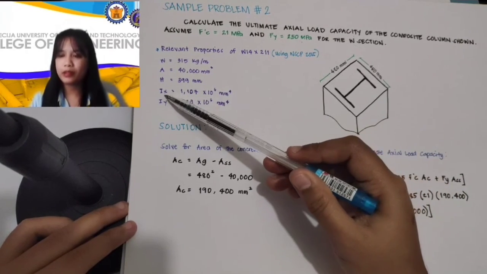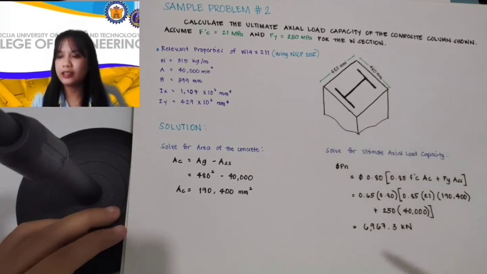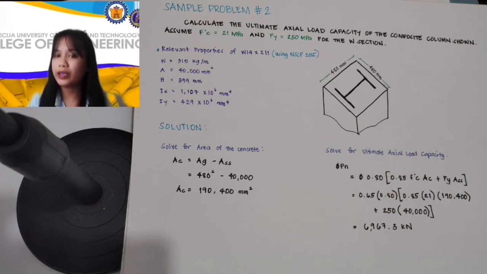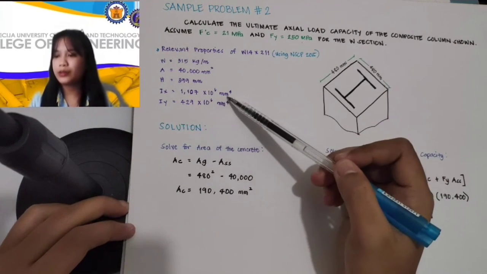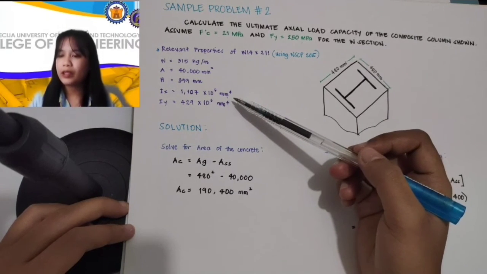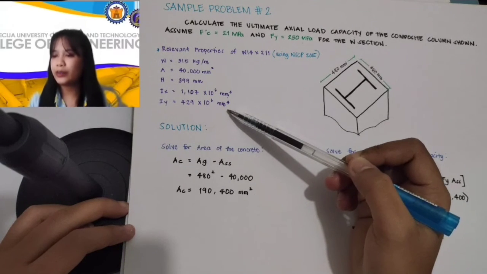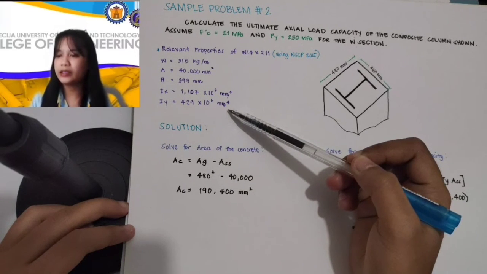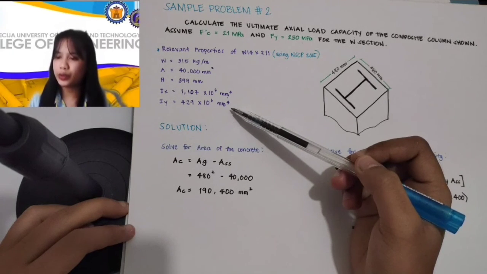The Ix, or the moment of inertia along the x-axis, is equal to 1,107 times 10 raised to 6 millimeter to the fourth. The Iy, or the moment of inertia along the y-axis, is equal to 429 times 10 raised to 6 millimeter to the fourth.